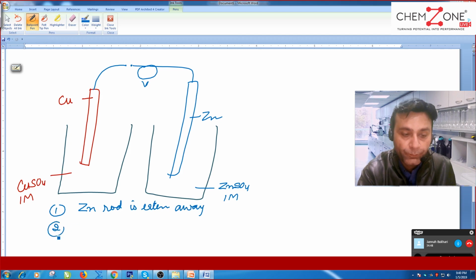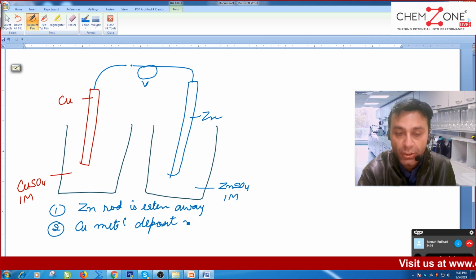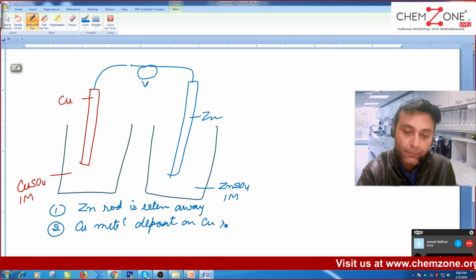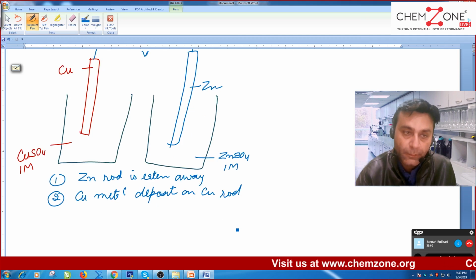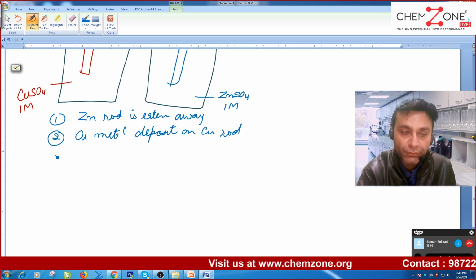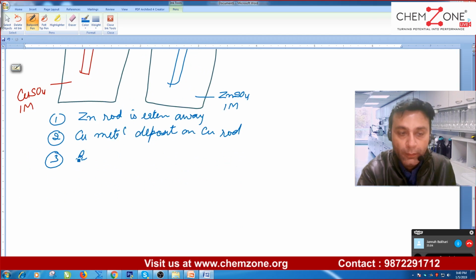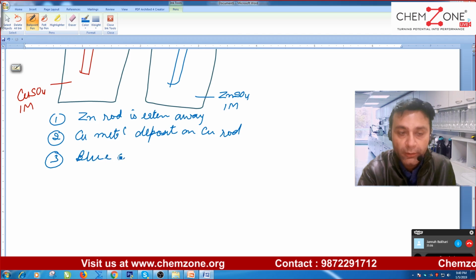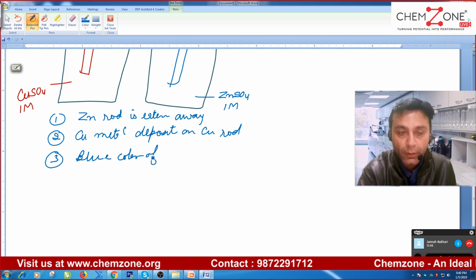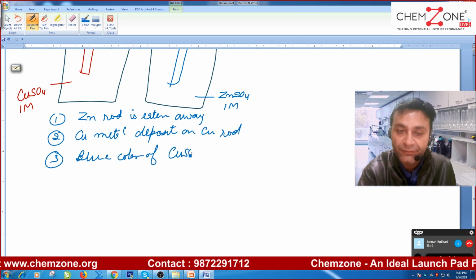Number two, copper metal deposits on the copper rod. Number three, the blue color of copper sulfate fades away.